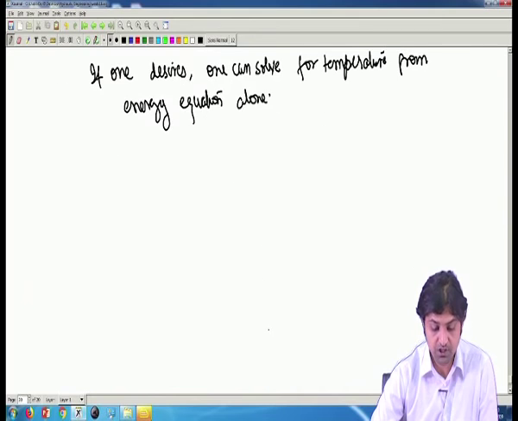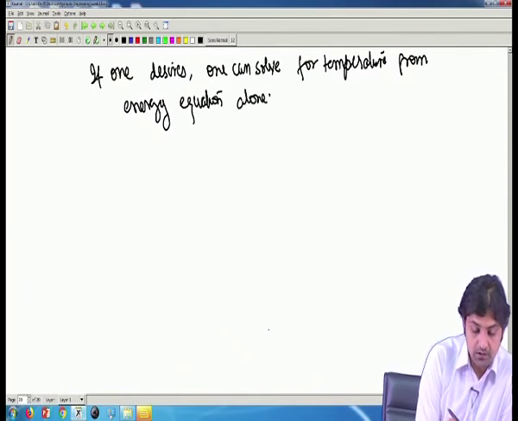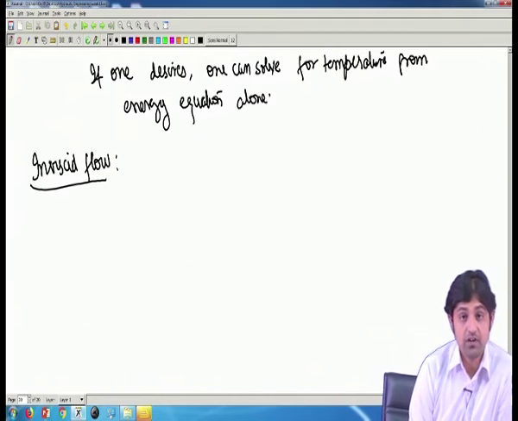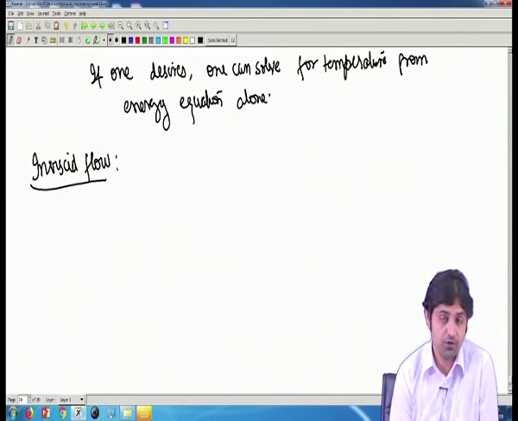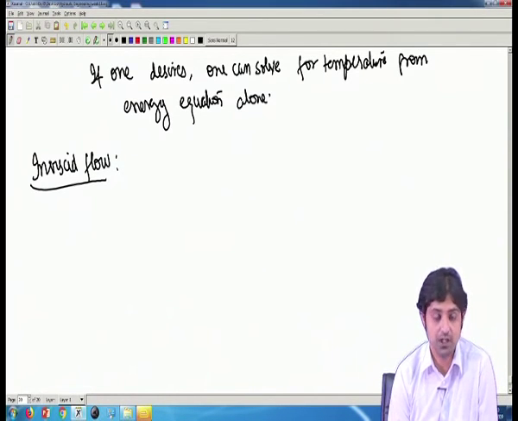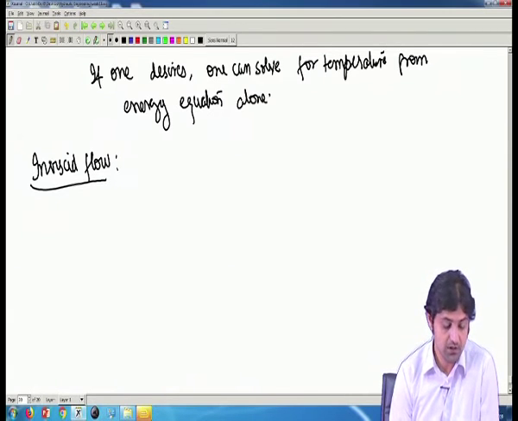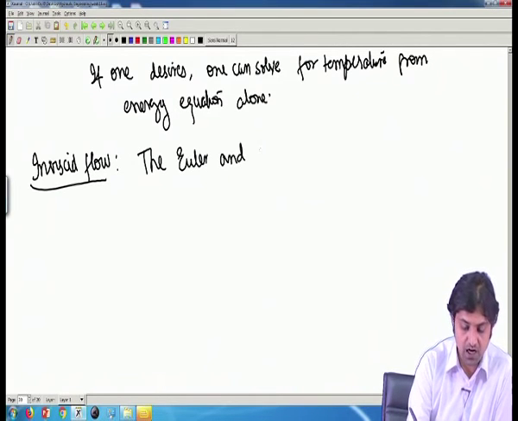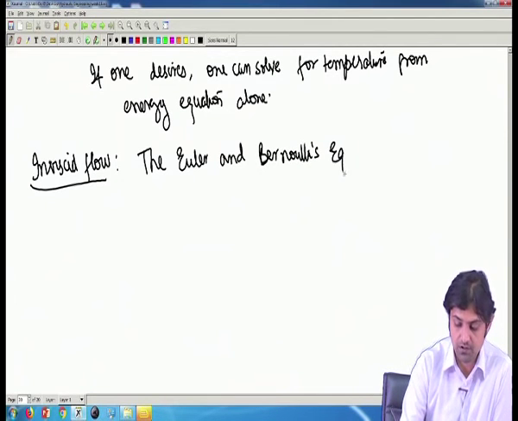And now moving to the last part, that is called inviscid flow. We are going to study wave mechanics as part of inviscid flow, because there we will have potential theory and other things. But here in inviscid flow, it's fitting to mention Euler and Bernoulli's theorem, and how it has its origin.